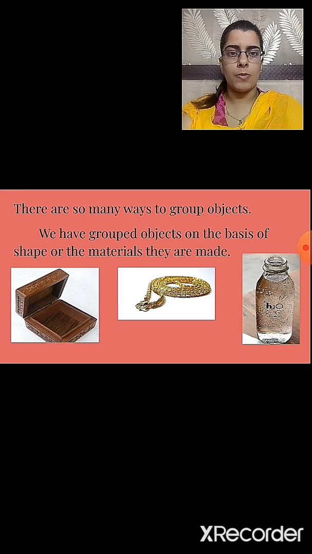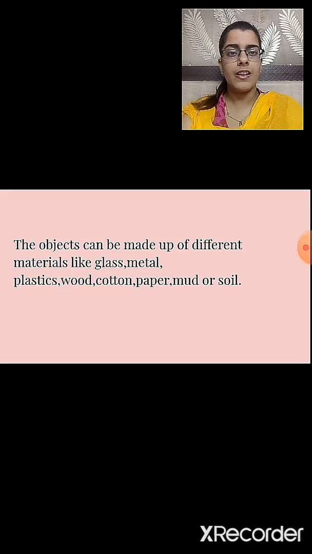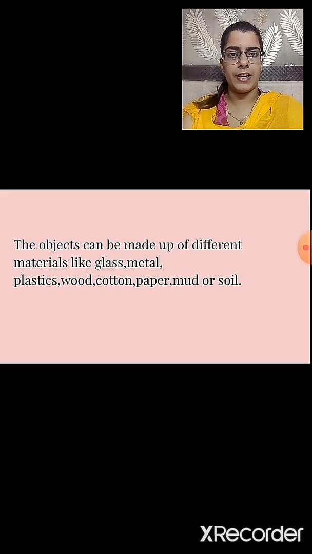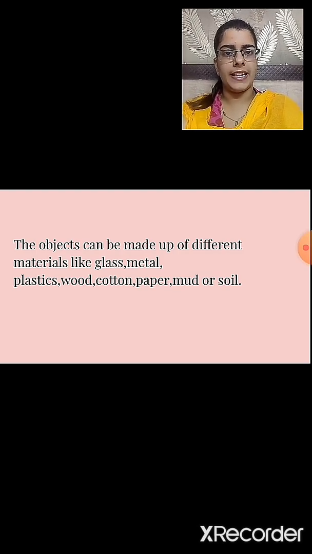We have grouped the objects on the basis of their shape and the materials they are made of. Objects can be made up of different materials like glass, metal, plastic, wood, cotton, paper, mud or soil. So objects can be made up of different materials.